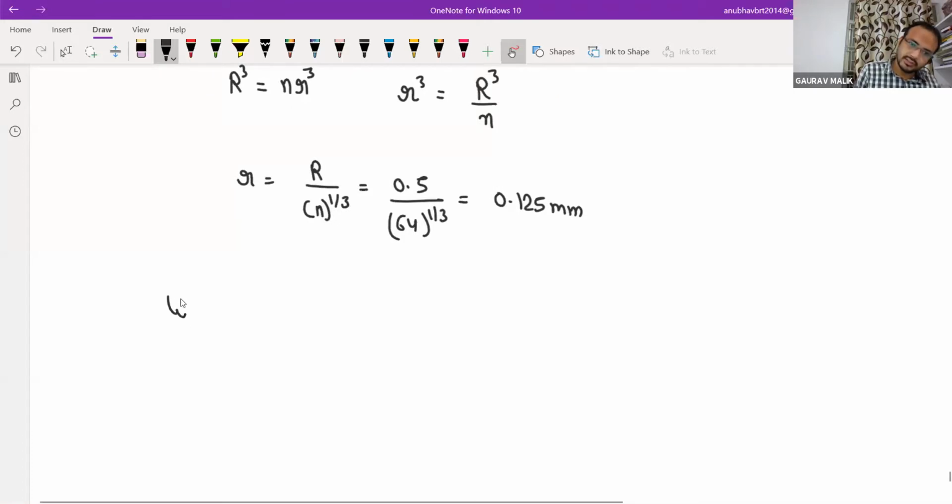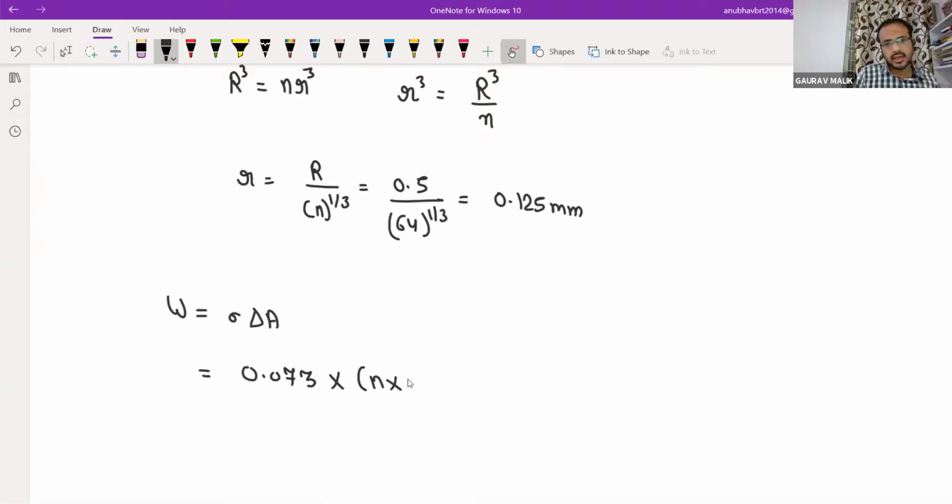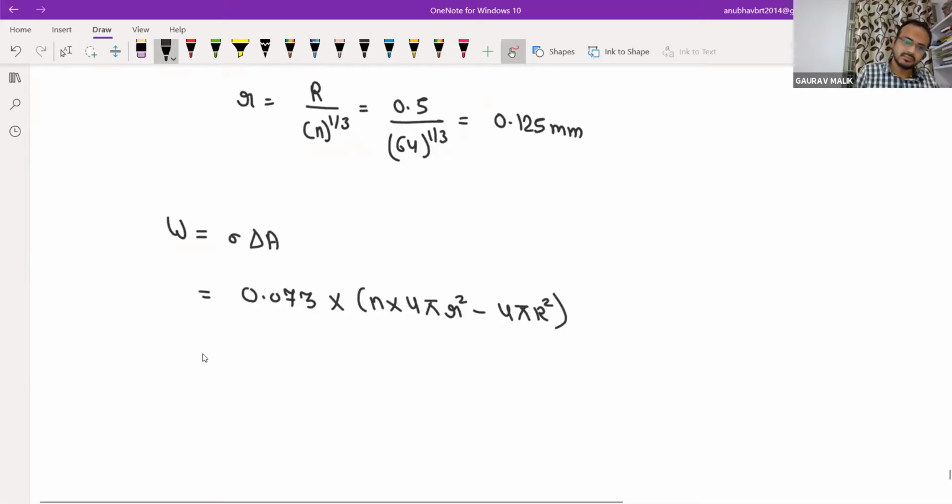And now we know that W is equal to sigma into delta A. I have already told you. Surface tension is given, into n into 4 pi r square minus 4 pi R square. Put the value and get the answer. 0.073 into 4 pi into 64 into 0.125 square minus 0.5 square.